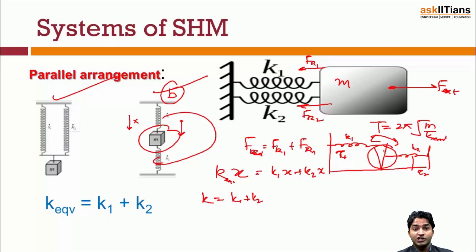So we know that arc is equal to angle into radius. So what we want to know is the arc relationship. When the angle is double, definitely they would be in relationship. So if K1 is compressed by x, the extension produced in K2 will be x by 2, like that.